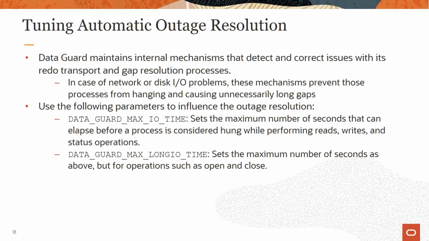Okay, so it could be a performance issue, it could be an actual network I/O issue. So we have an internal mechanism that checks whether your performance issue, especially in the redo transport area, is a network problem or a disk I/O problem, or it is an actual performance issue because of network latency and round trip time.